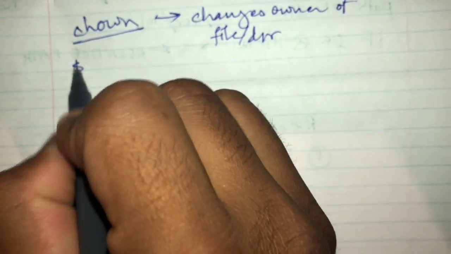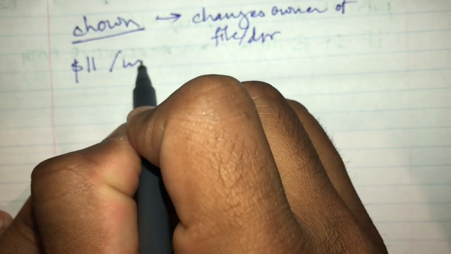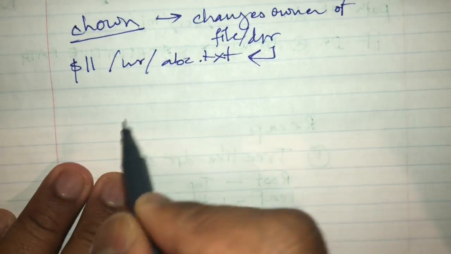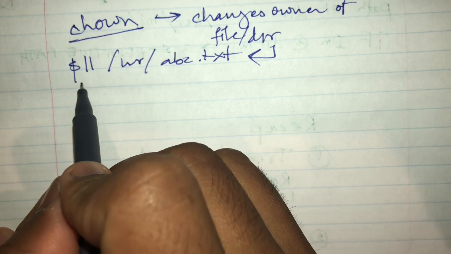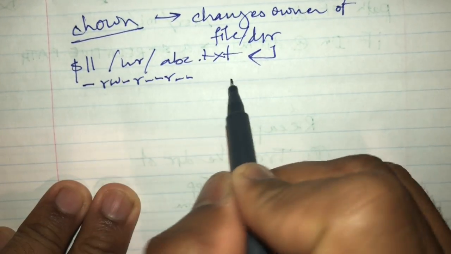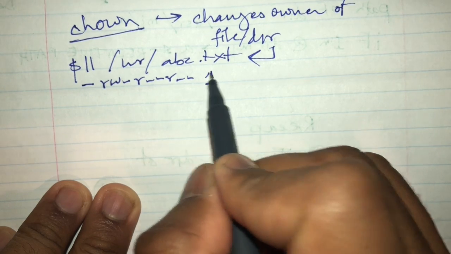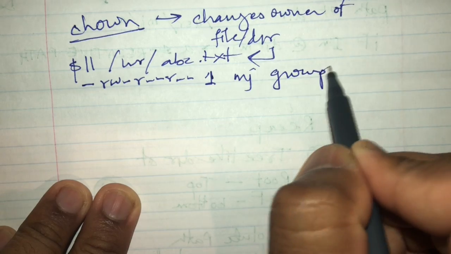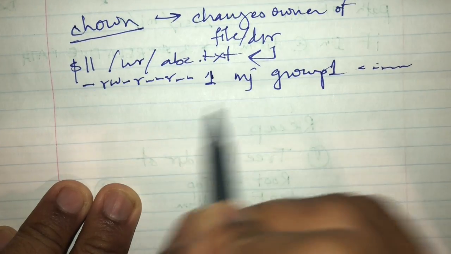So let's say if you remember when I did this usr_abc.txt, now I will emphasize more on the owner part. So I got output like this, and there was one which is the size of the file and mj and group1, and I'll neglect the rest of the output.